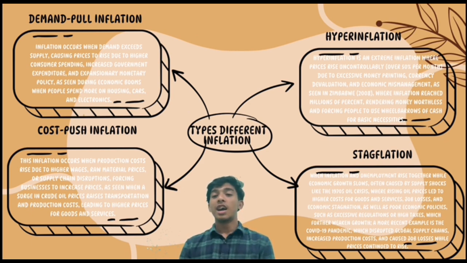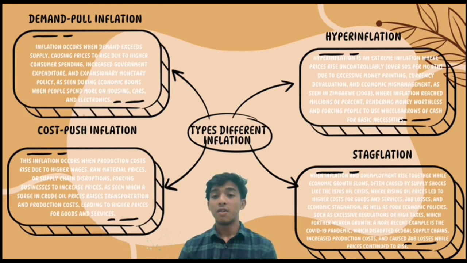So, as seen during economic booms, when people spend more on housing, cars, and electronics. The second type of inflation is cost-push inflation.